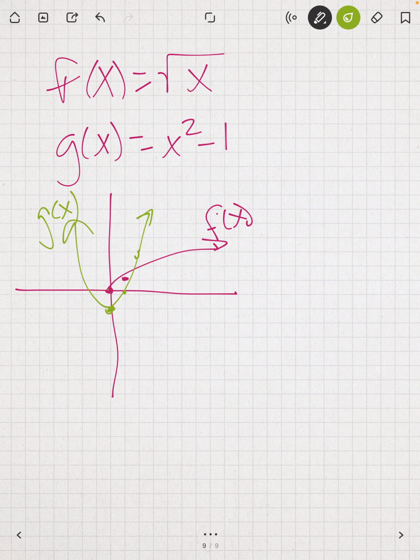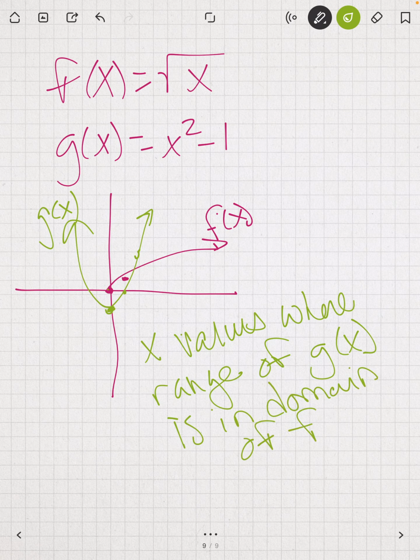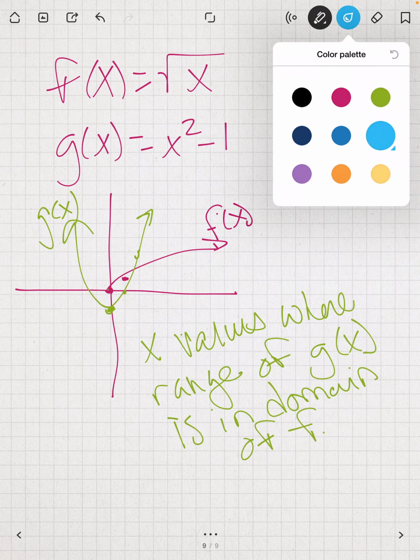And we care about x values where the range of g of x is in the domain of f. So we need, our domain of f is from 0 to positive infinity.